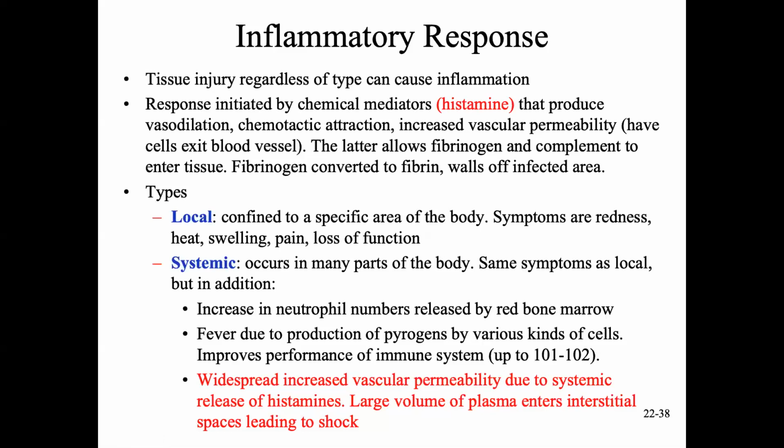So when you have a localized inflammatory response, it's almost always good. When you have a systemic inflammatory response, some parts of it are good. Fever, increased neutrophil production, but some part of it can cause, right, anaphylactic shock to occur.